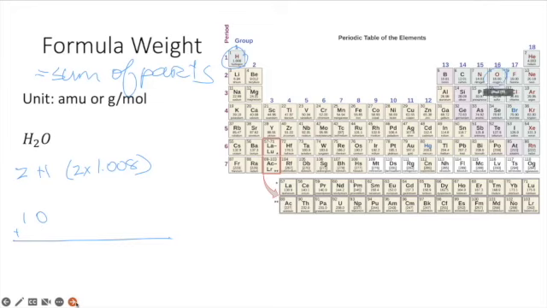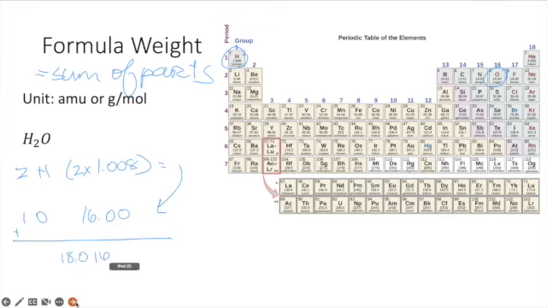Oxygen, depending on what periodic table you're looking at, this one happens to be 16.00, but commonly sometimes it's 15.99. And so when I multiply 2 times 1.008 and add that to 16, I get 18.016.